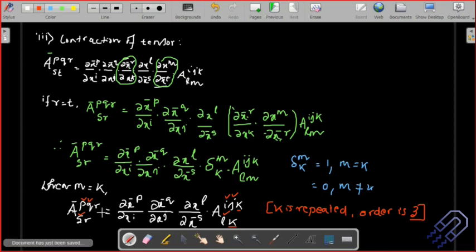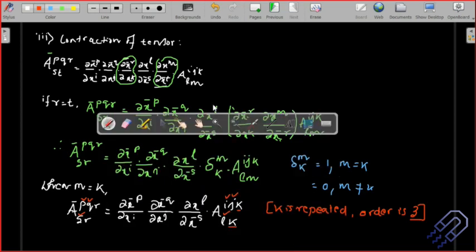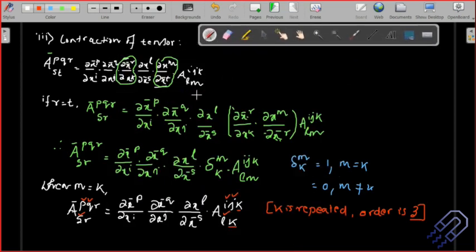on both sides. So what we see is that a tensor of rank 5 will now be a tensor of rank 3 if one of the basis vectors is repeated, right? So reduced, maybe you can write reduced from rank 5 to rank 3, right?